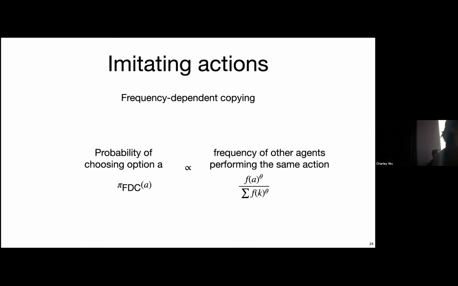Here theta controls the sigmoidal curve in a softmax function, so the theta value also controls the strength of conformity bias, how strongly you follow the majority's option. The higher the theta, the more likely you are to deterministically follow the most popular option. The lower the theta, you are still more likely to follow the most popular one, but there's also a higher chance that you choose a less popular one as well. But still there's a positive frequency dependence.